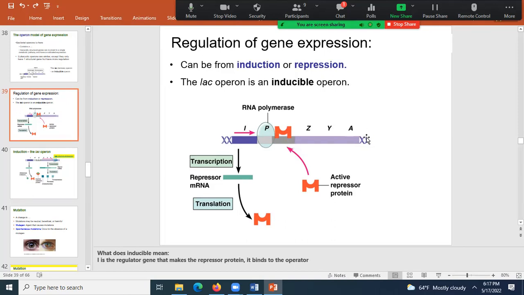And then that shuts off the lac gene, meaning the structural gene Z. Lactase will not be made when the repressor protein is bound to the operator. So this I gene is a regulatory gene. It makes a repressor protein that binds to the operator, and it shuts down the expression of the lac operon.